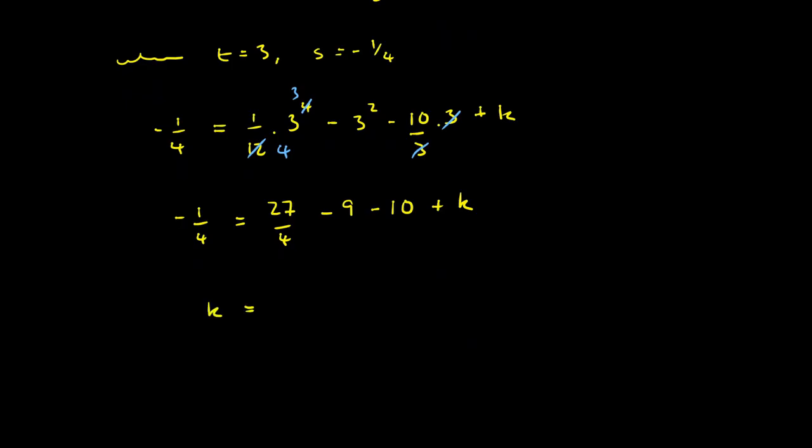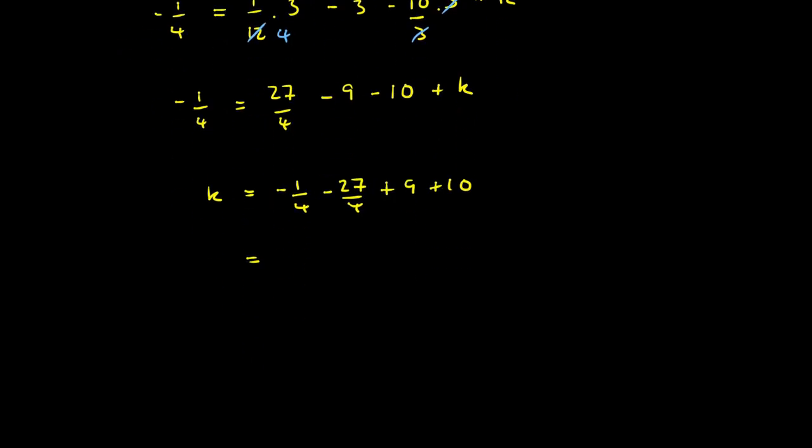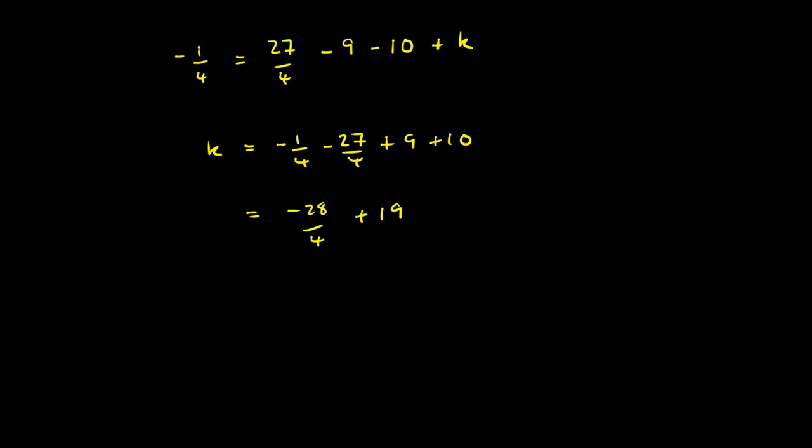So k will be equal to what? Will it be minus 1 upon 4 minus 27 upon 4 plus 9 plus 10, I think? And so we're going to get negative 28 upon 4 plus 19, I think. And negative 28 upon 4 is negative 7, isn't it?